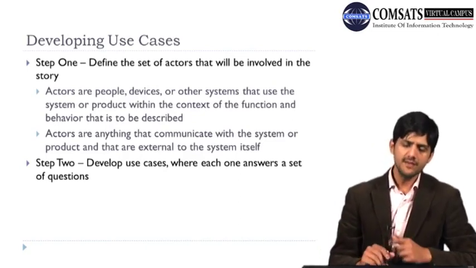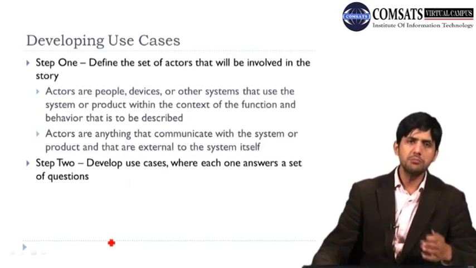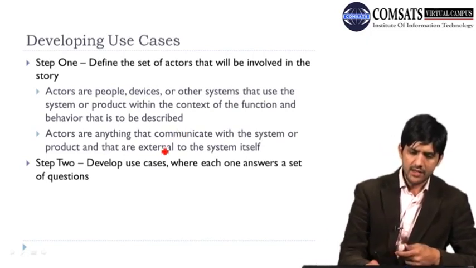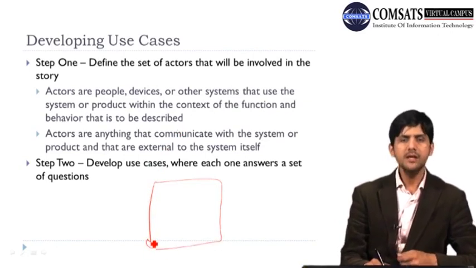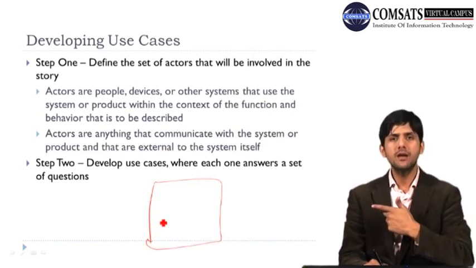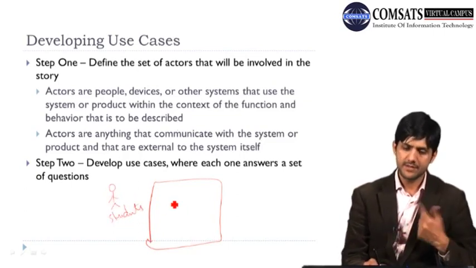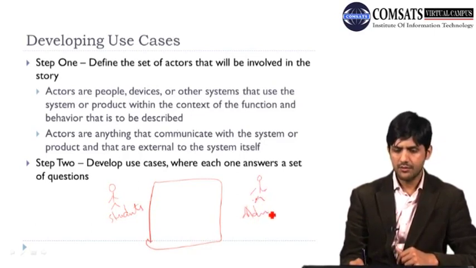Okay. For example, when we talk about our LMS, let's say we draw a boundary of our learning management system, and we say this is the boundary of my LMS. Now who are the actors who are going to interact with it? We know that there would be students who would talk to this system. We know that there is administration.